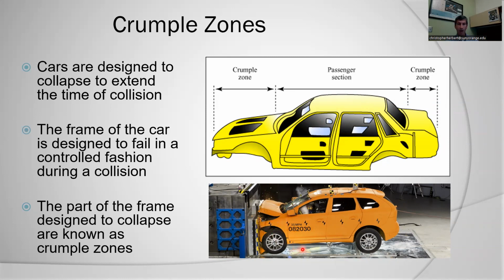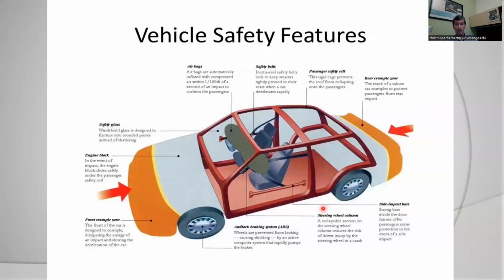Usually the engine will drop to go below where the passenger is. The passenger will be allowed to move forward in their seatbelt. Essentially every part of this car is designed to extend the time of the interaction, and that goes a long way to increase the survivability in these crashes.